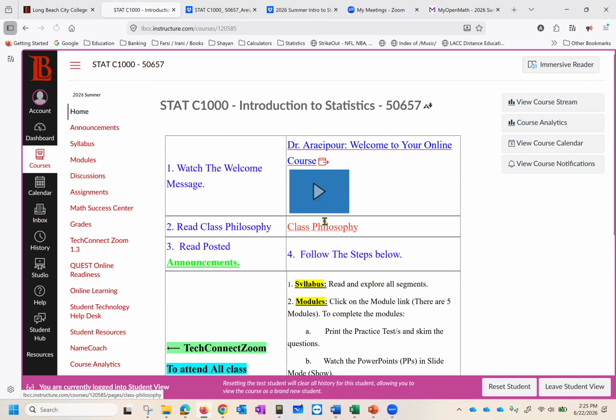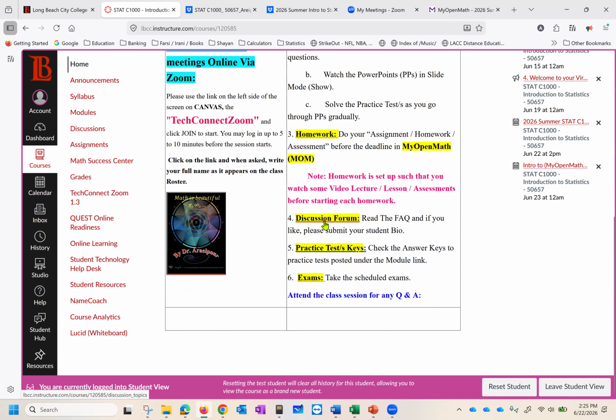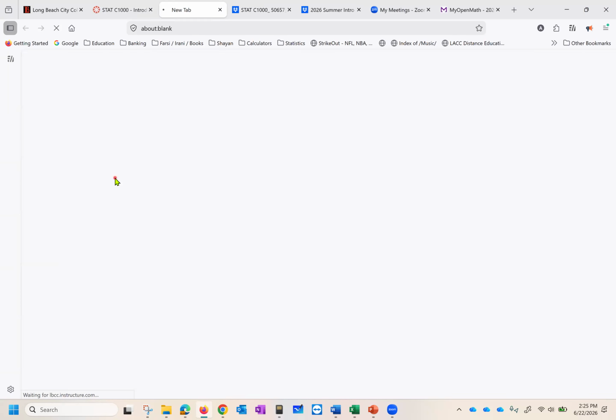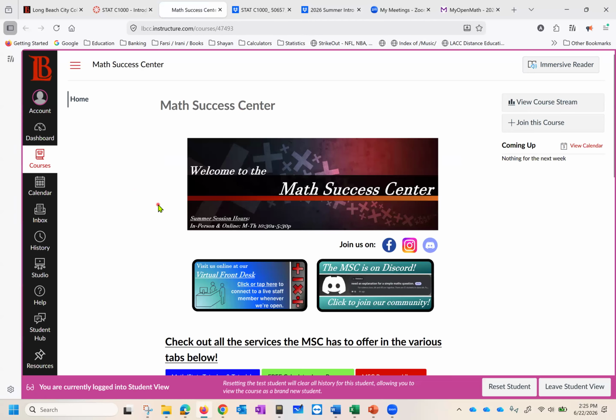Again, I want to go back to the homepage of Canvas. And before I continue, I want to look at the left-hand side navigation bar, Math Success Center that I mentioned before. If you click on that, it'll take you here. Okay.